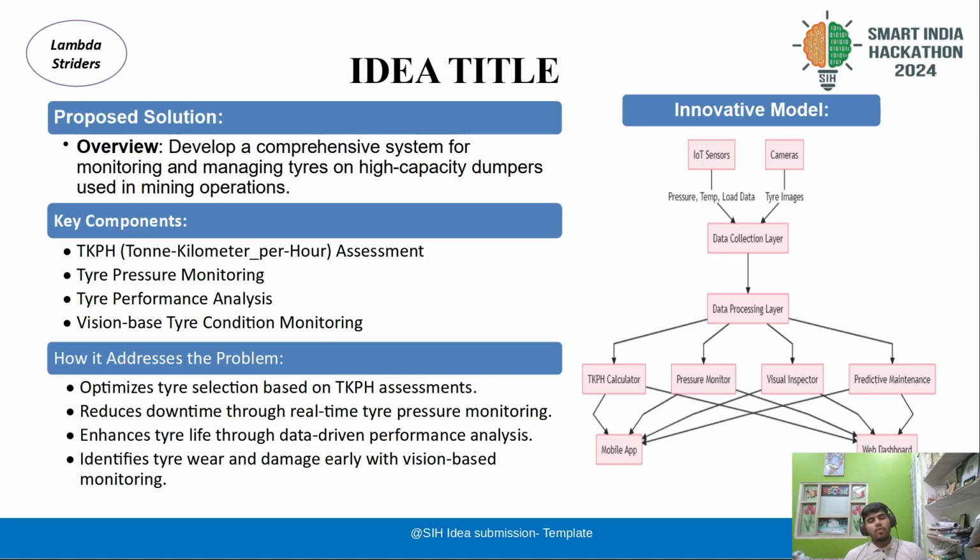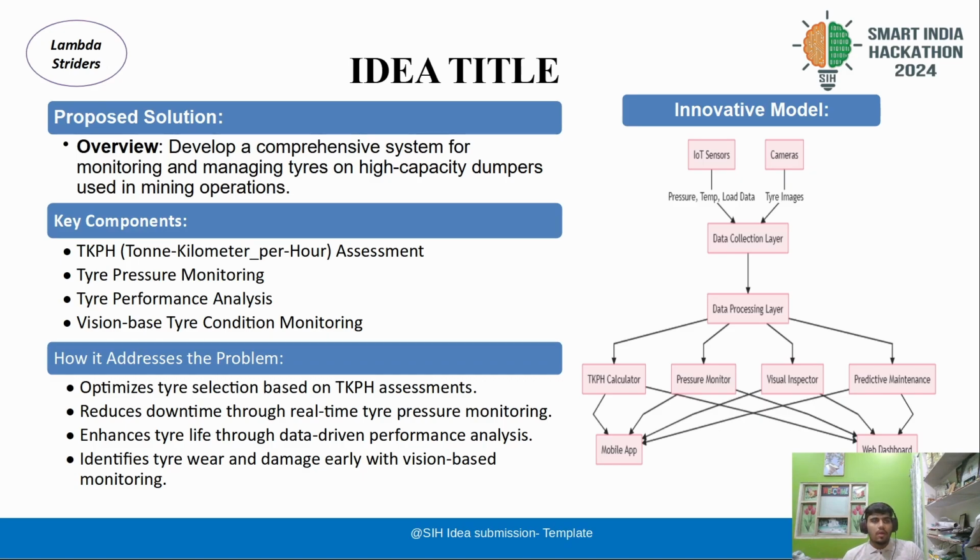And what our system needs to do is, in real time, calculate the TKPH value of our tires in that very instant. It does that using a formula: taking the mean load on the tires and multiplying it with the average speed during the shift.